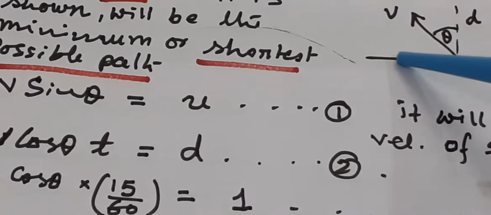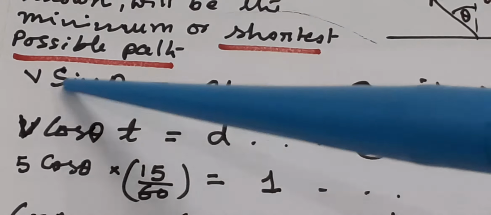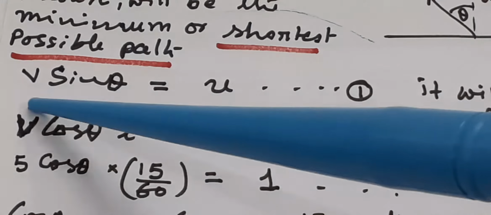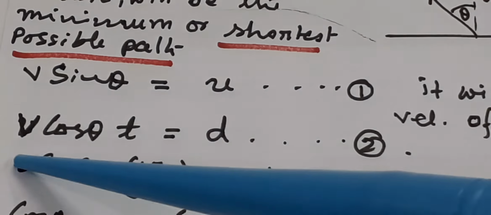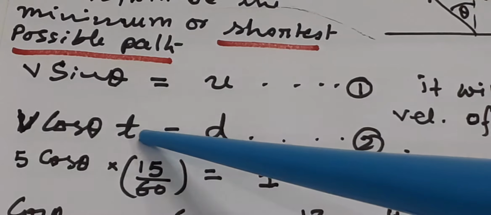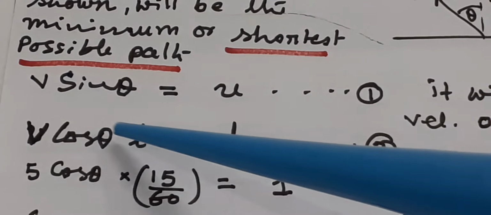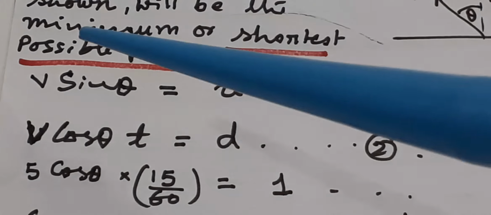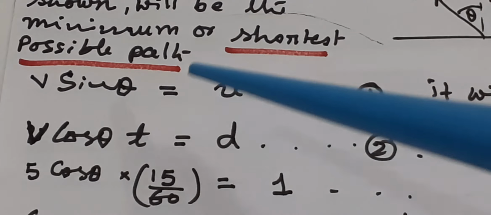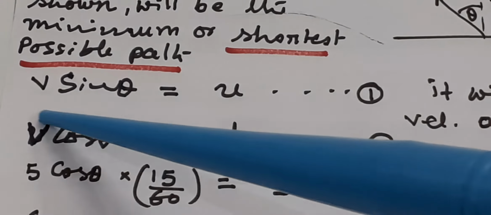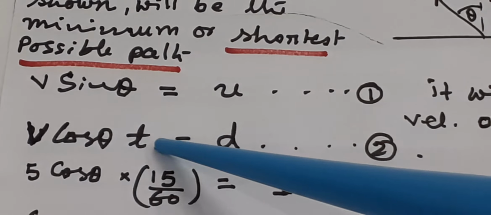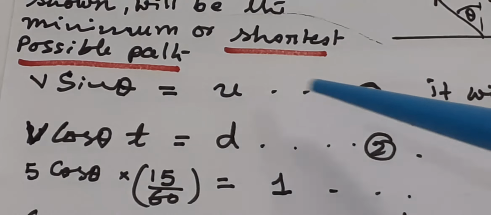V sin theta will be equal to u as it is negotiating the river current. V sin theta equal to u. And V cos theta into time, because V is constant here and theta is also constant as it is selected by the boatman. So V cos theta into T, velocity into time will give you the distance travelled.